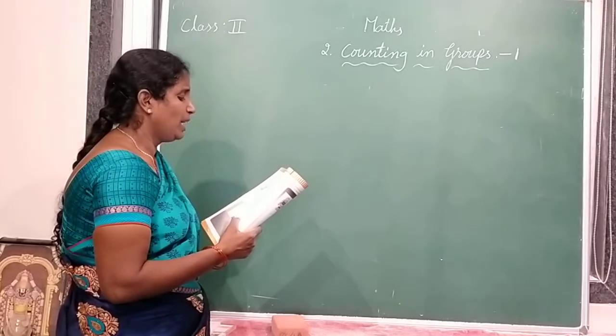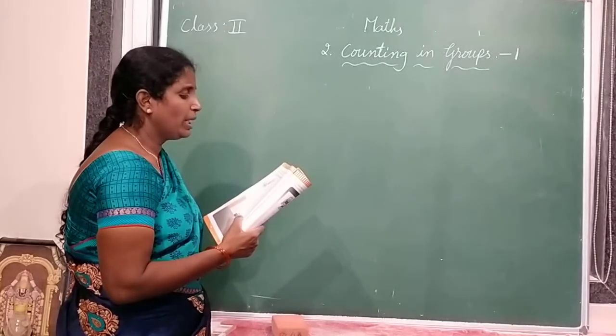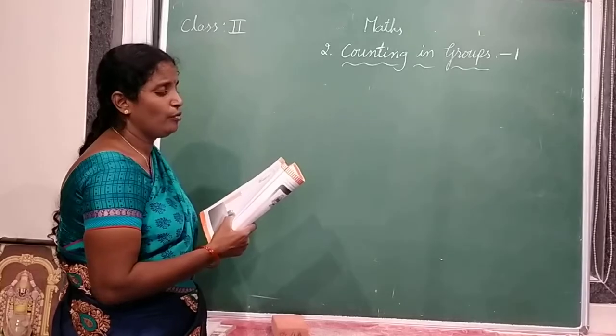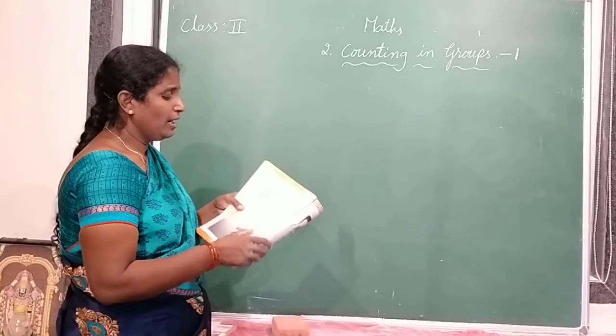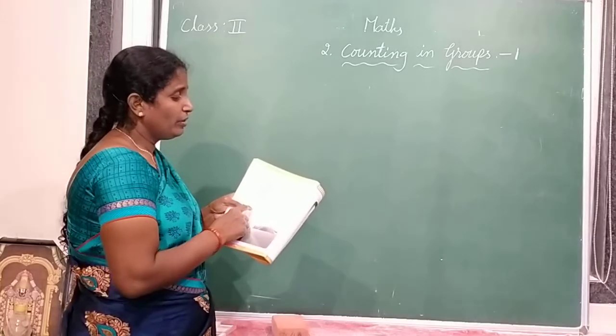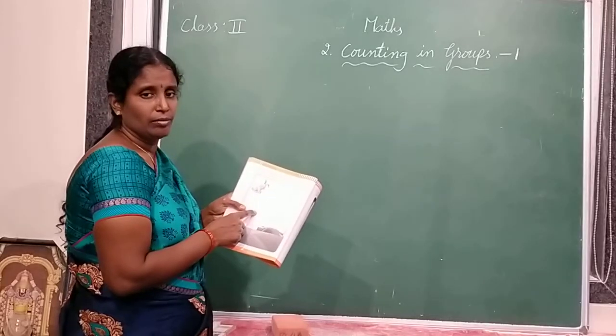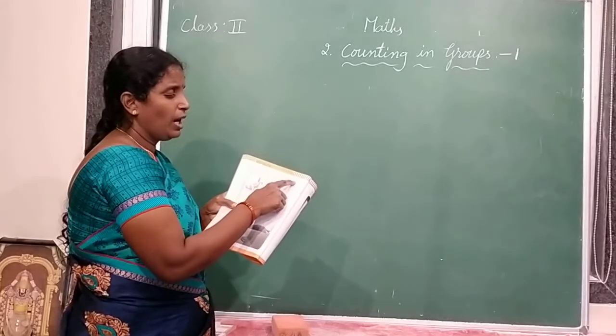Draw the path for it. Through the number maze, starting at 2, by counting in twos up to 50. So we have to draw the path. Draw the path for it.